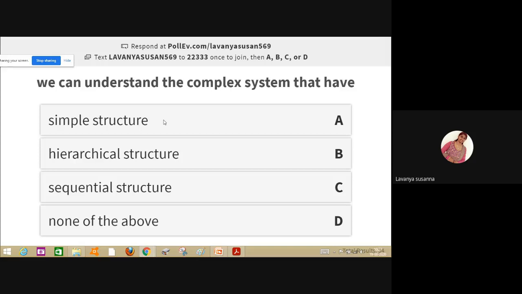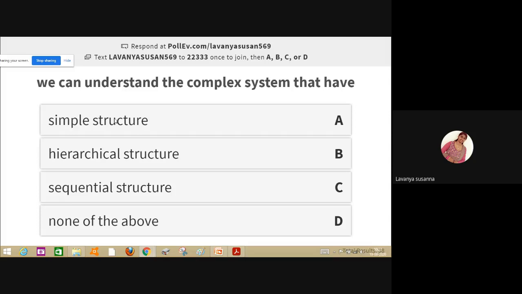Only 34. Everyone must answer. We can understand the complex system that has dash structure. Which structure?